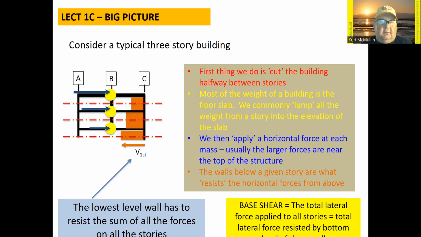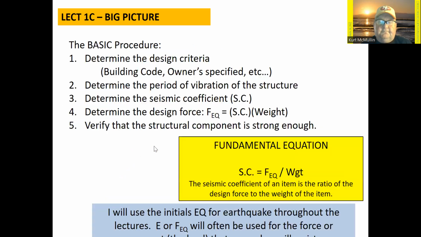If we go down near the bottom of the building, now the shear on that first floor has to resist all of the forces being applied on all of the stories. We use the term base shear, which is the total lateral force applied to all stories, and generally the shear that has to be resisted by the lowest level of the building.